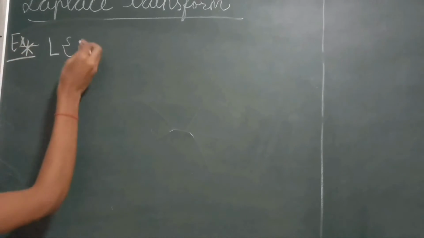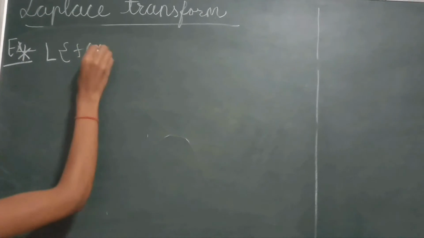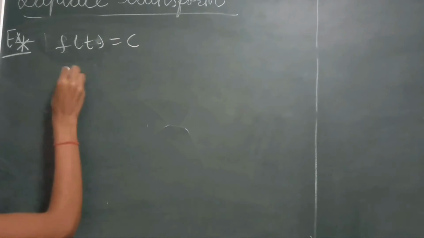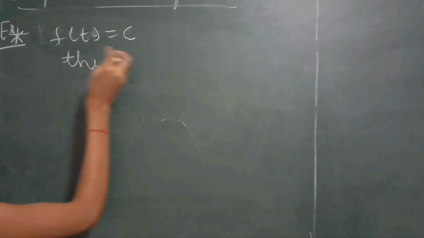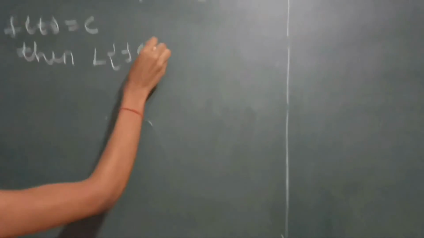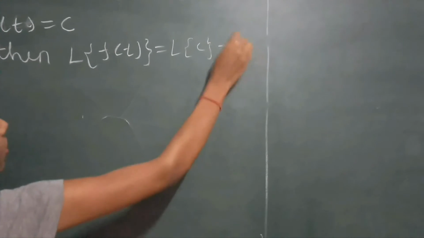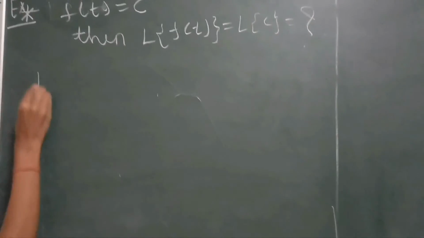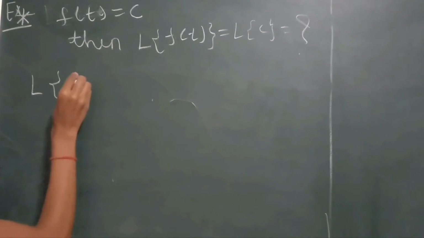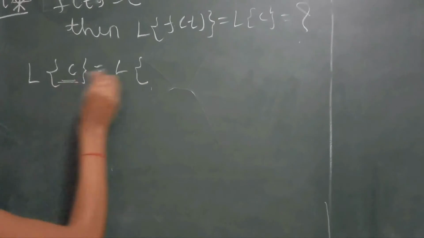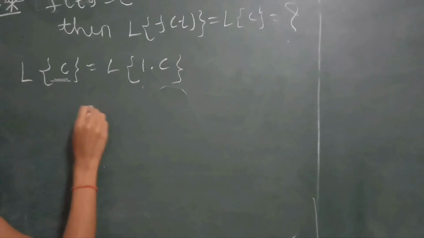Example: L of f of t is equal to c, where c means constant. Then L of c is what? Now L of c is equal to L of, we can write c as 1 into c.